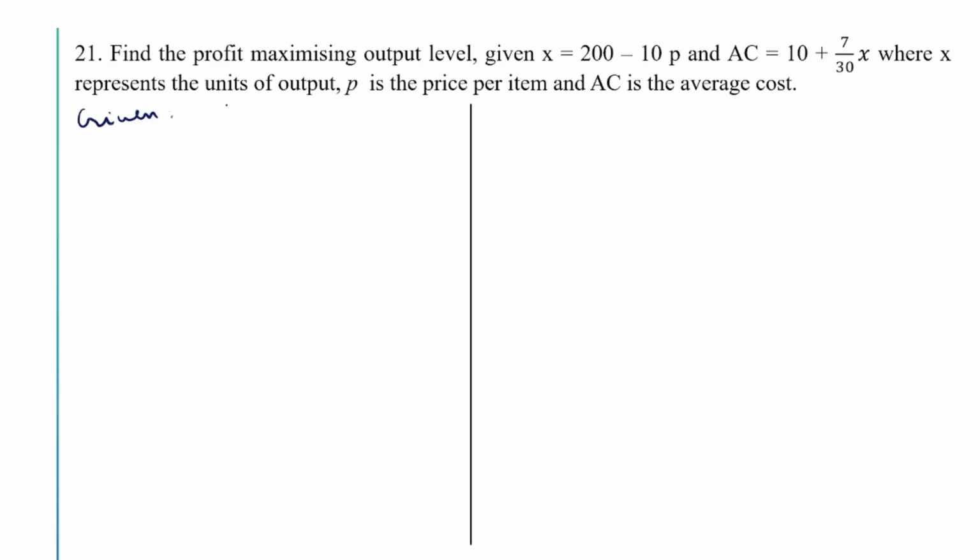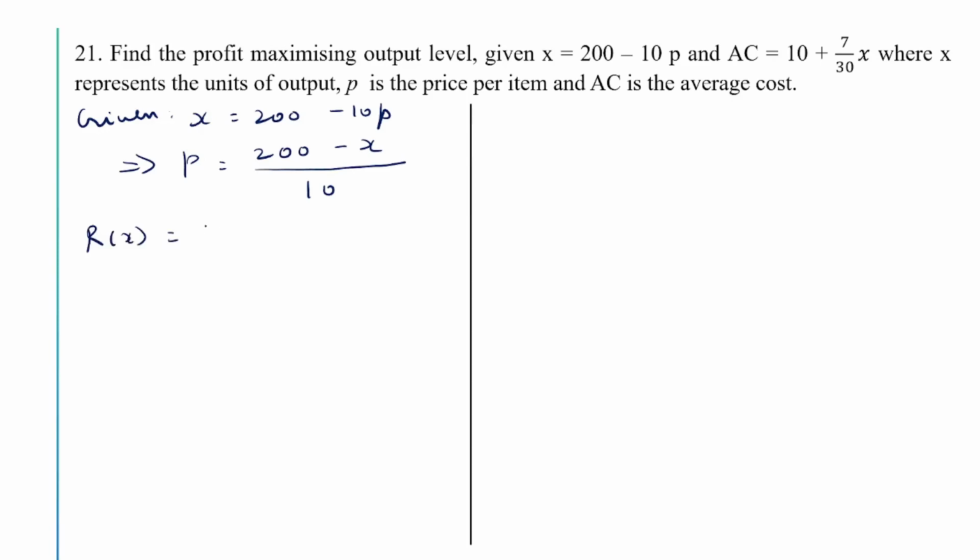So from here we have to find the revenue and from here we have to find the cost. So given x is equal to 200 minus 10p, from here we have p is equal to 200 minus x divided by 10. So from this we can find R of x.